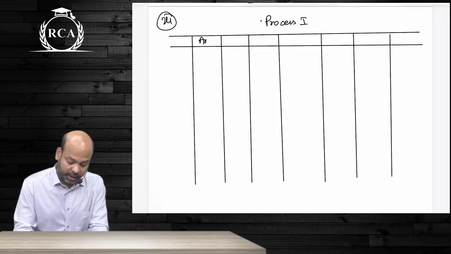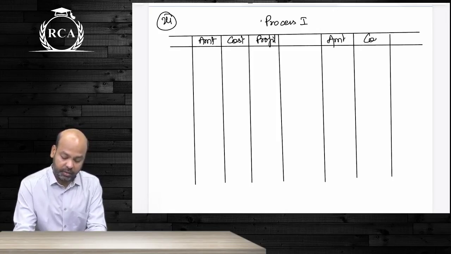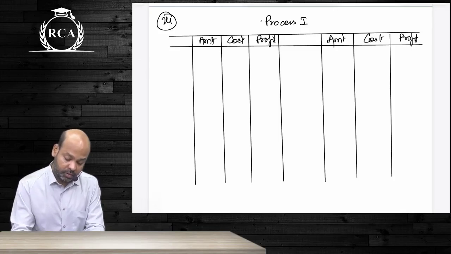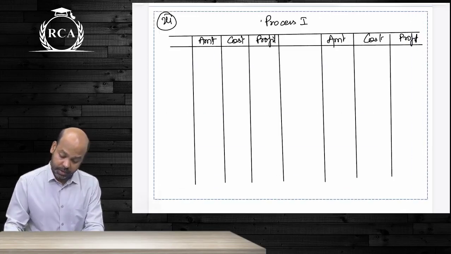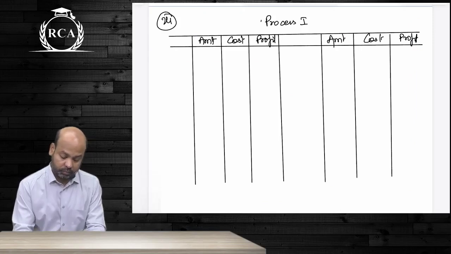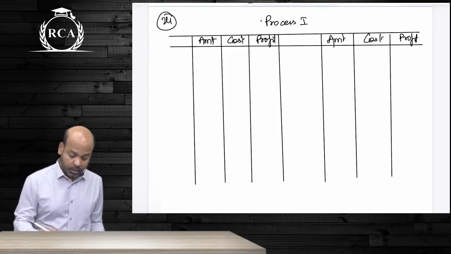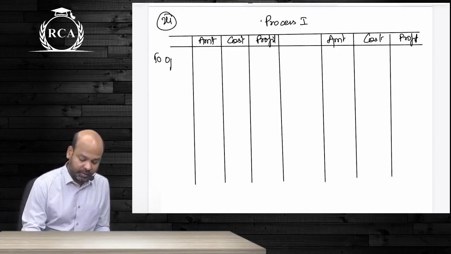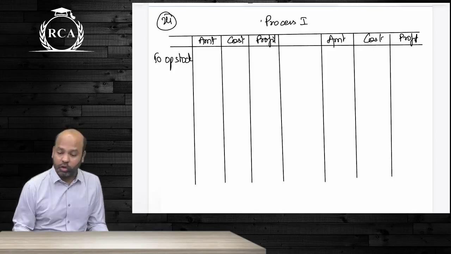So you will write amount, guys, and that part is being divided into 2 parts called cost and profit. I'll copy this and keep it. It is the first process, beta. First, let us just fill only the amount column, guys, then we can divide that into cost and profit.